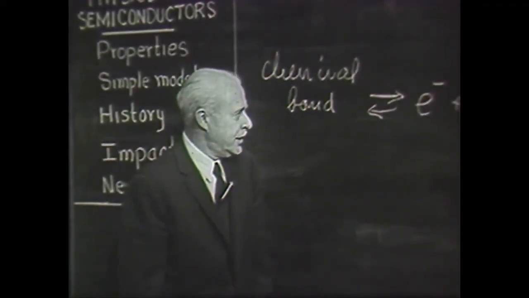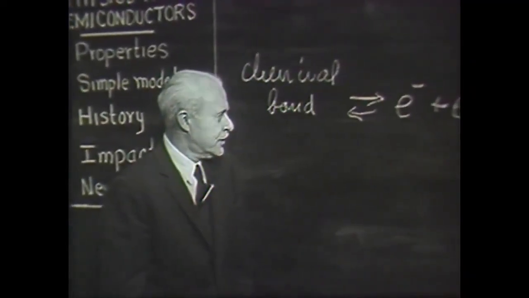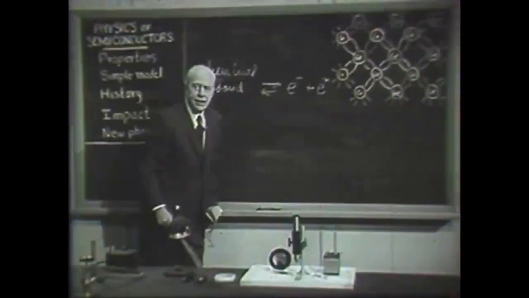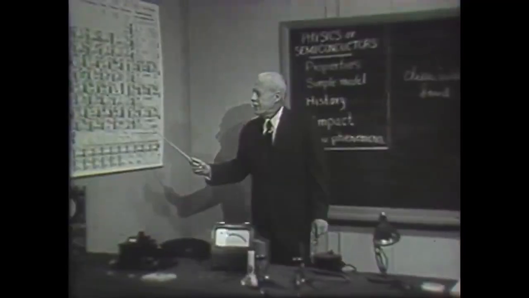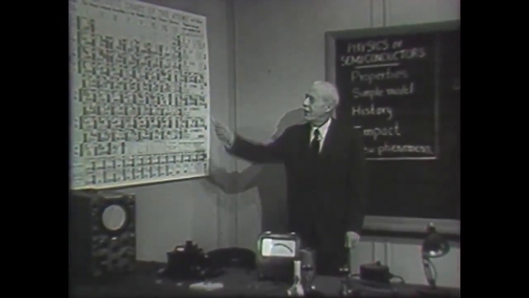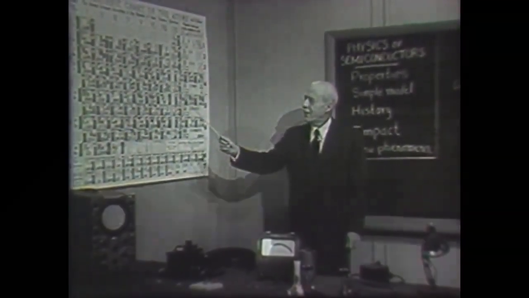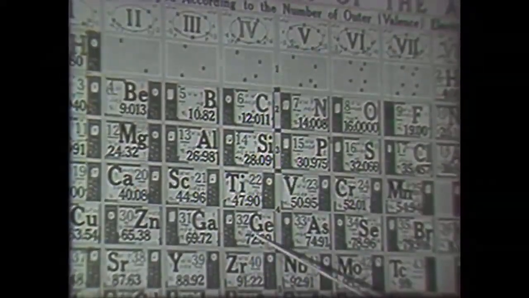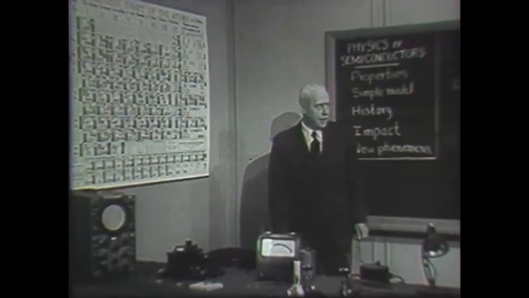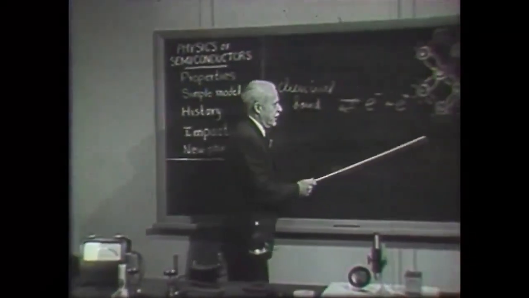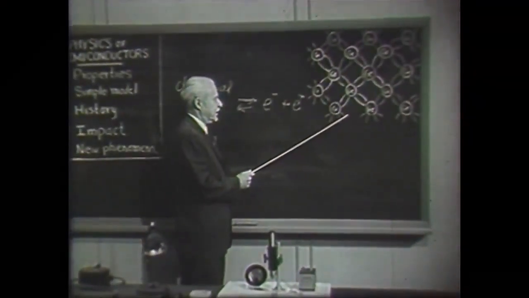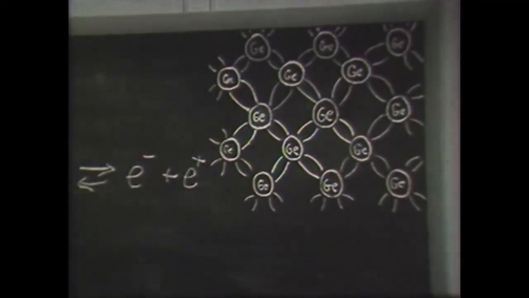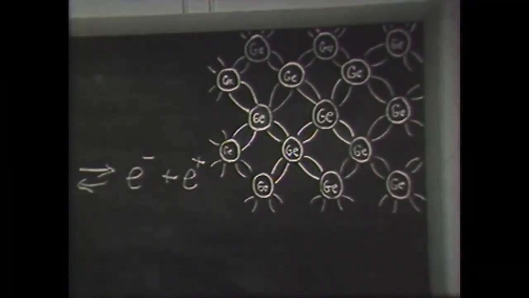We can get a little more detailed picture of what this shows by taking a particular semiconductor, a crystal made of germanium, in the fourth column of the periodic table: carbon, silicon, and germanium. We have shown here a two-dimensional representation of the germanium lattice. Germanium has 4 valence electrons.